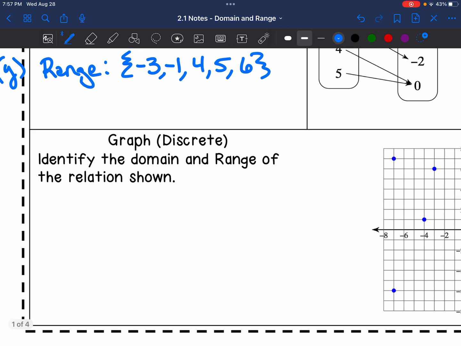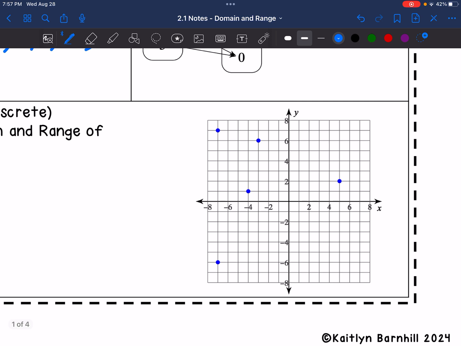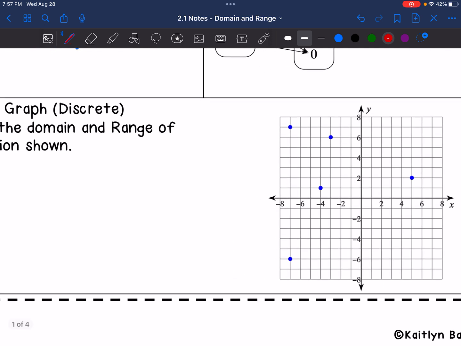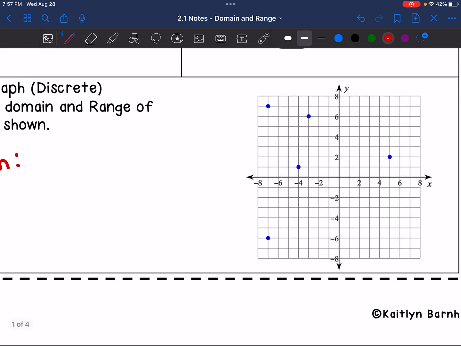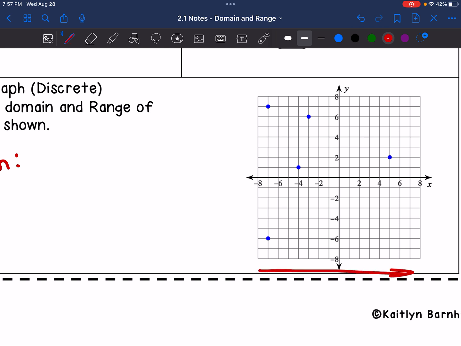All right, for a graph, so this is just a scatter plot. It's like what we were doing a second ago with the points. I just don't have all the points written out, okay? So there's a couple of different ways you can do this. When we are writing these in order, when I write my domain, my least to greatest for the domain is going to go from left to right, okay?